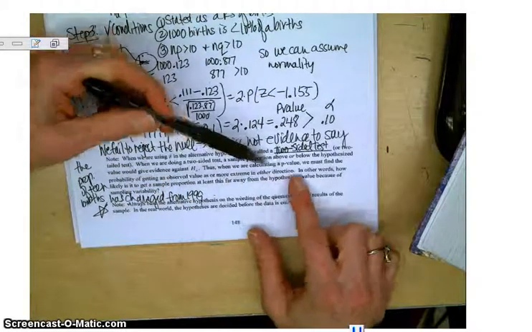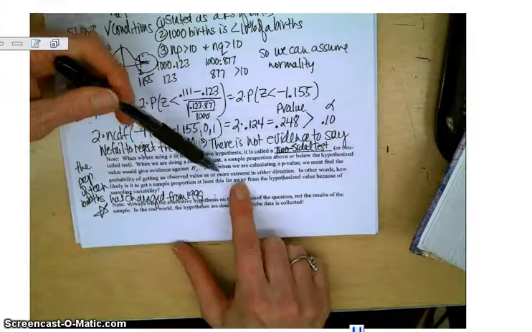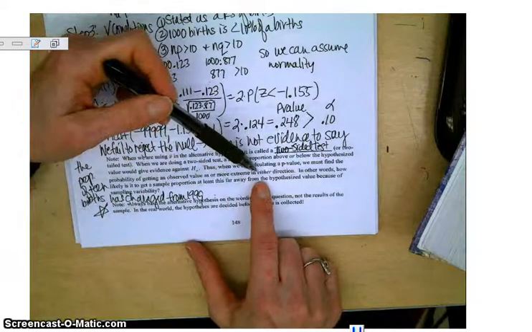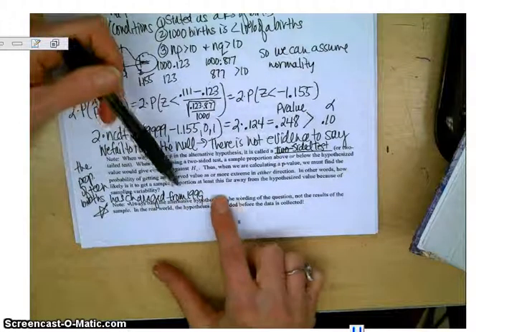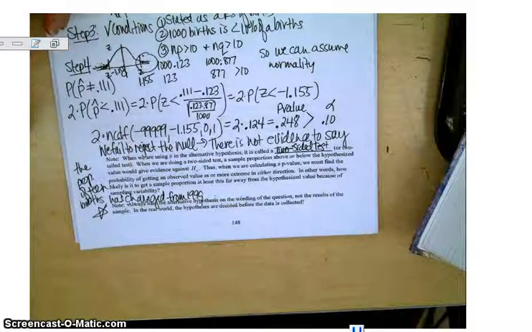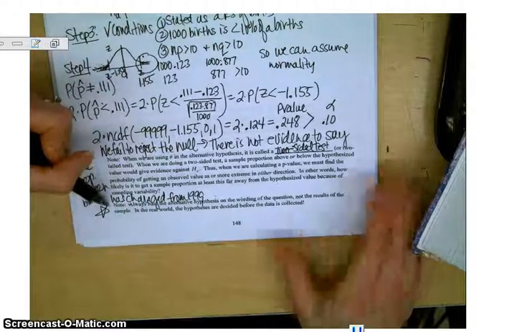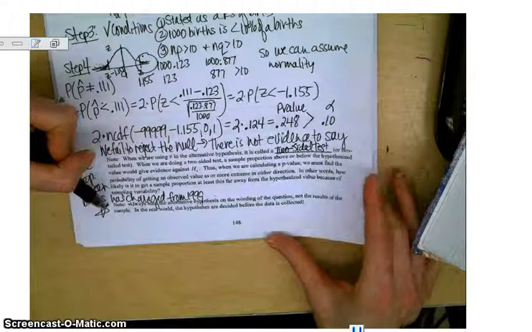Thus, when you're calculating a p-value, we must find the probability of getting an observed value as extreme in either direction. In other words, how likely is it to get a sample proportion at least this far away from the hypothesized value because of sampling variability? We already talked about the note at the bottom. You always base the alternative hypothesis on the wording of the question.